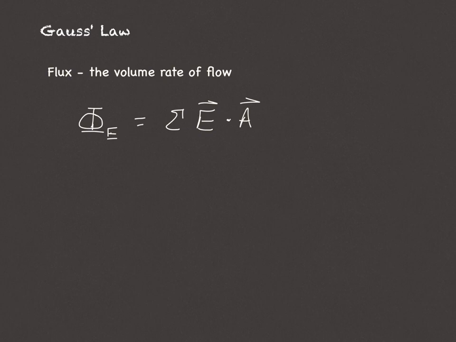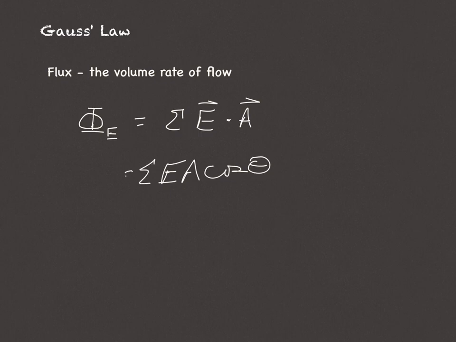Remember, dot products are at a maximum when the vectors are parallel to each other, pointing in the same direction, and we get the minimum when they're perpendicular. So that flux is also E times the area times the cosine of theta.